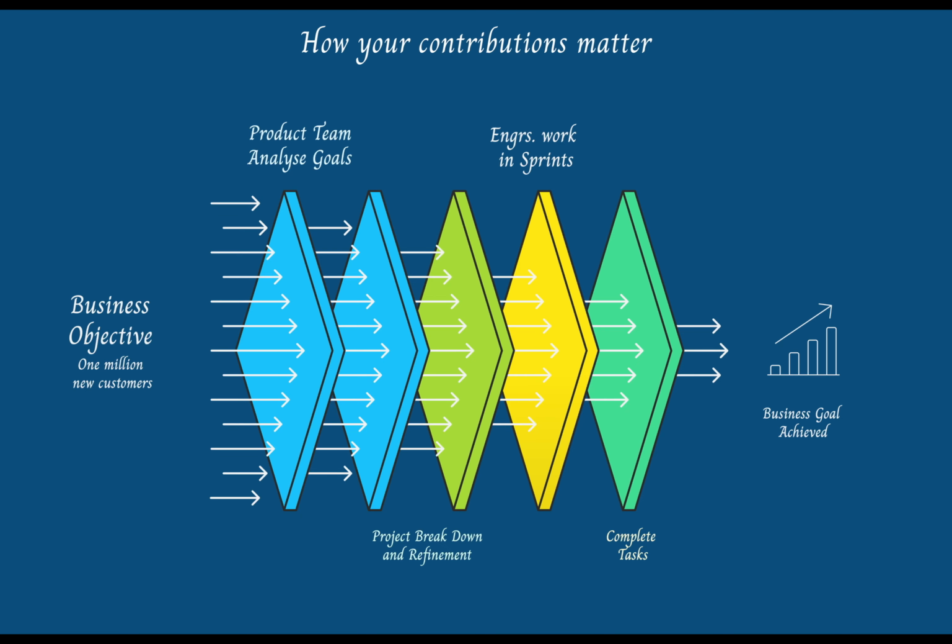So for us to sustainably have 1 million new customers, we are going to introduce an AI customer support agent, right? And number two, in order for us to also improve the experience, we are going to improve the response time of our channels. We are going to improve the response time of our web channel, of our mobile app channel, and so on and so forth, right? So these then become the projects that are handed over to the engineering team to work on.